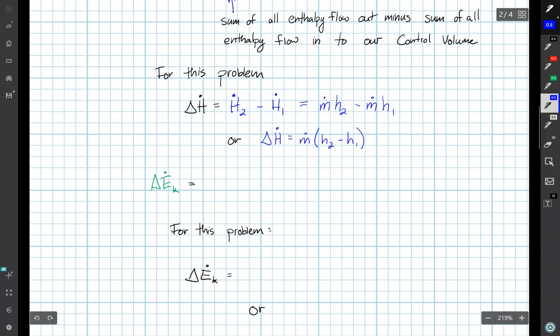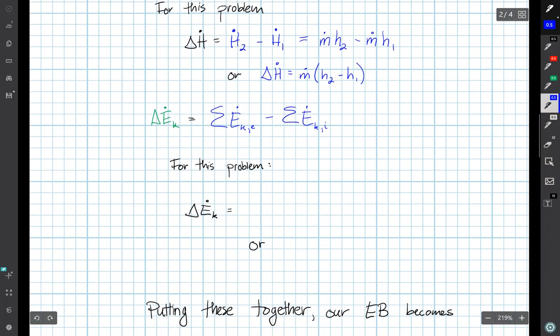Okay, and let's do the same basic idea for kinetic energy. So the sum of all the kinetic energy exiting minus the sum of all the kinetic energy in the inlet stream. Right, kinetic energy is 1/2 mv squared.